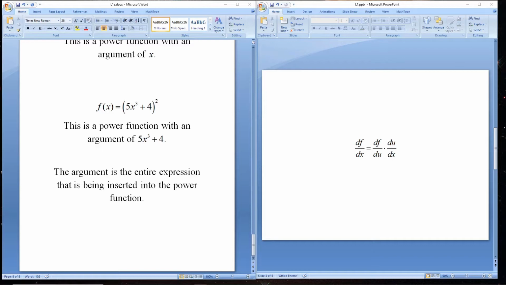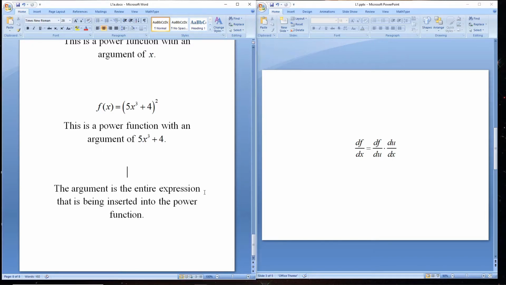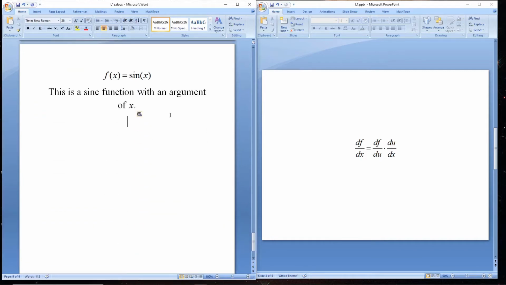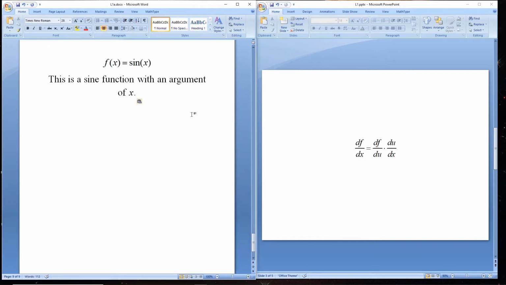Let's try another example. Sine of x. This is a sine function with an argument of x. The only thing going in the sine function is x. There's nothing else going in there but x. Now compare that to this example.